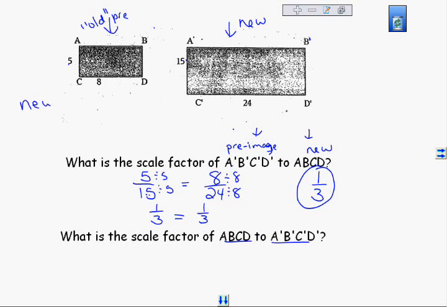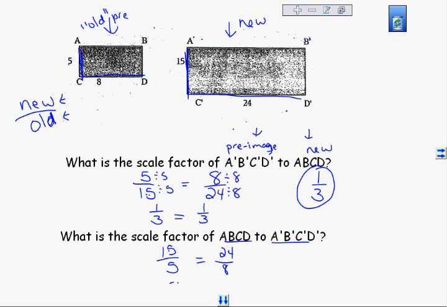Remember, new over old. Best way to remember this is you put the new wallpaper over the old wallpaper. It goes over the old wallpaper. So, your new AC is 15. Your old AC is 5. Your new CD is 24. Your old CD was 8.